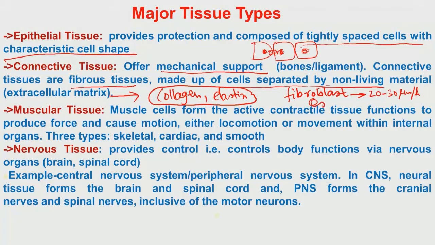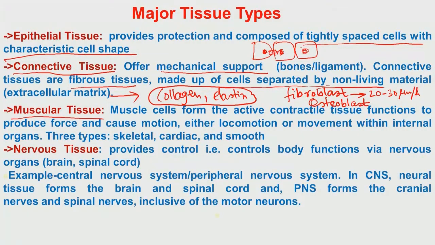Also, in the bone tissue, you have another type of cells called osteoblast cells. Osteo means bone, so osteoblast means bone forming cells. The third type of cells are osteoclast cells, the bone resorption cells, and also you have osteocytes, which are like matured osteoblast cells. So, this is all about the connective tissue.